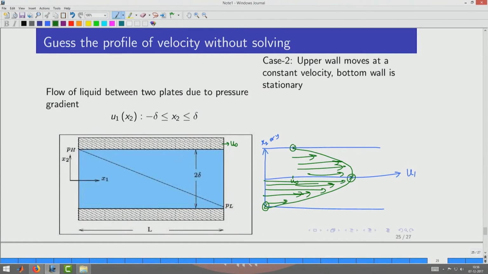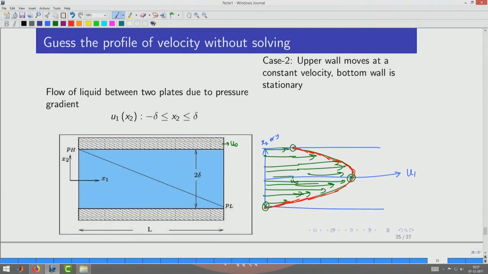Okay. So, you may have the maximum in the top half of the domain, and this way we can see that the velocity distribution can be arrived at without even solving. So, I am just making the parabola, and the parabola is shifted with the maximum slightly on the upper half to satisfy that the value on the bottom wall is 0, the value on the top wall is some finite number, and it has a direction that is opposite to the pressure gradient, which is going down.